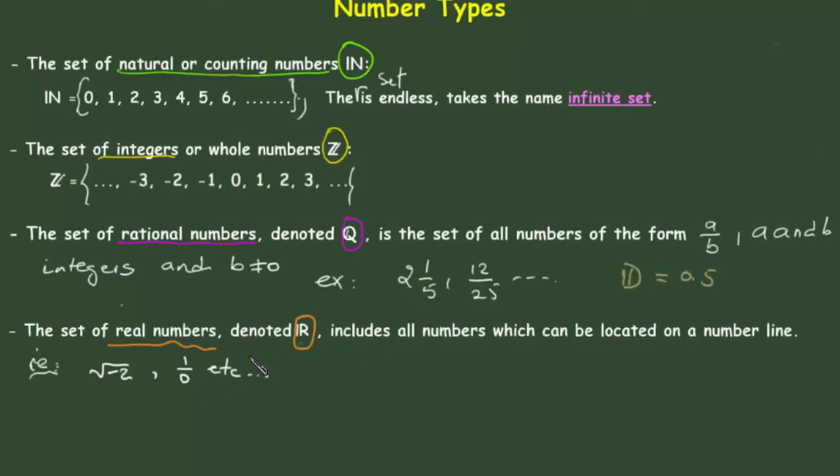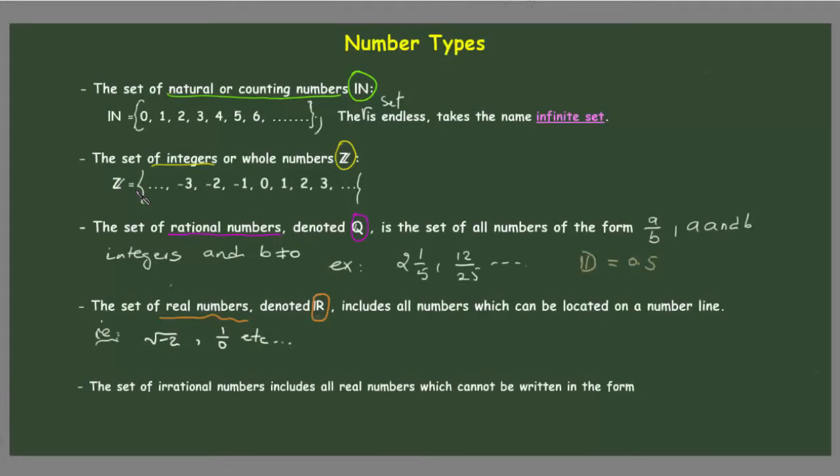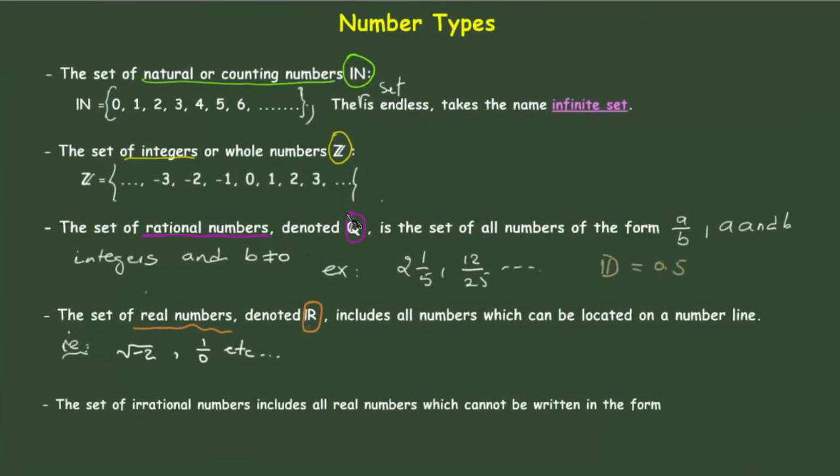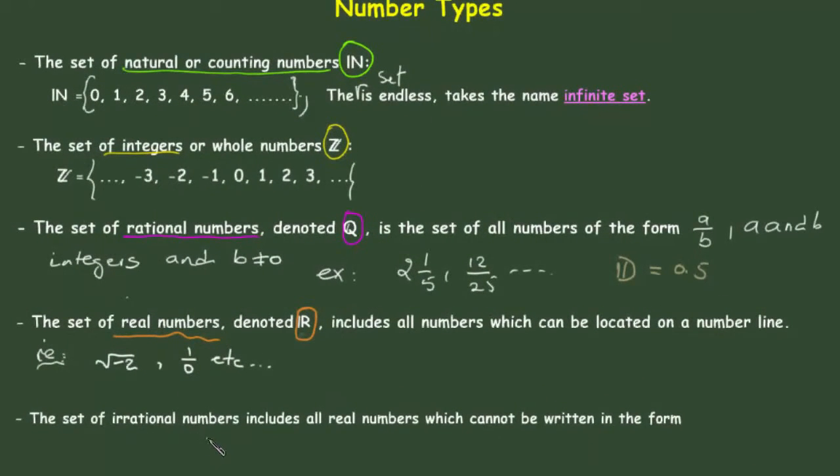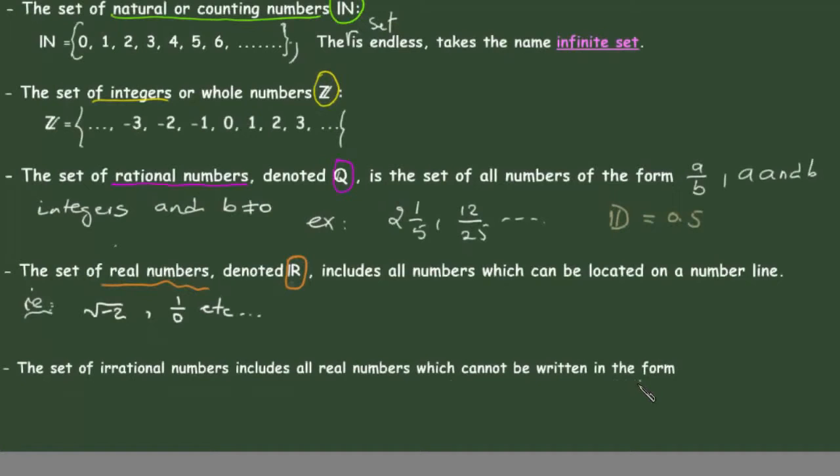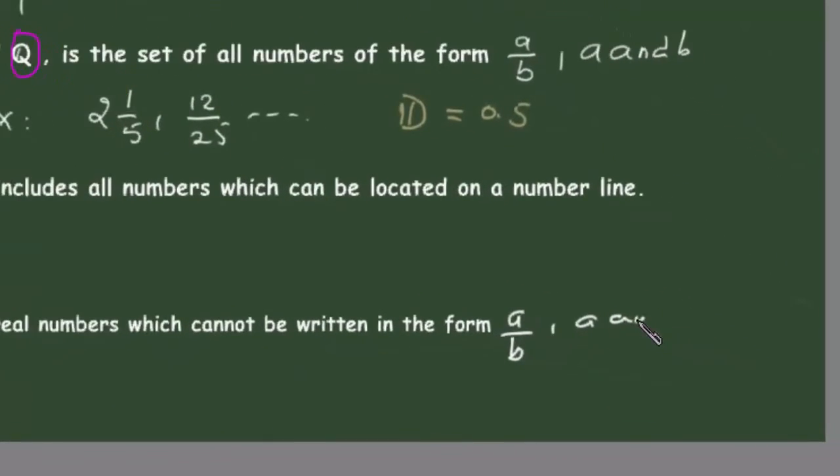So as you can notice, we now have the set of irrational numbers, and that includes all real numbers which cannot be written in the form we had before, A over B, with A and B integers and B different from 0, like we said before.